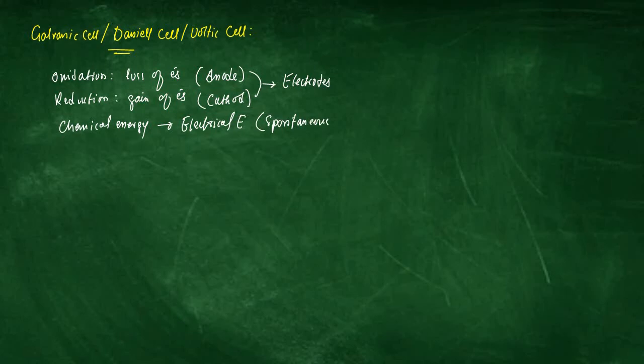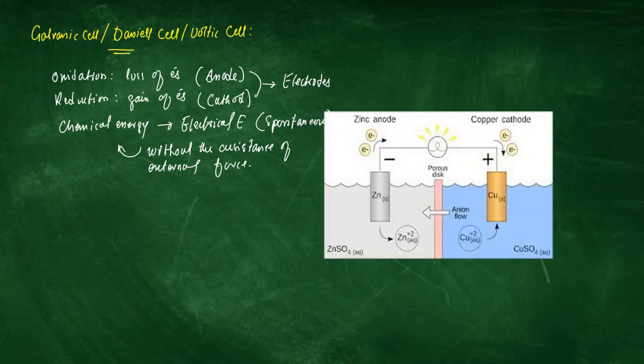In other words, this interconversion takes place without the assistance of external force. And ordinarily, a galvanic cell can be represented as it consists of two electrodes.